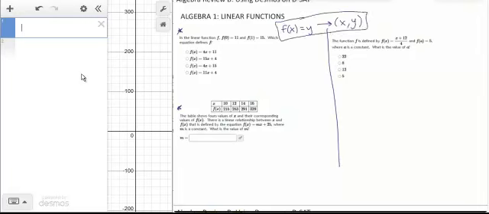Okay, so this particular setup requires you to understand that function notation represents the input of 0 gives you an output of 11. So 0, 11 is one of your points. Okay, the next one, f of 1 equals 15, tells you that an input of 1 gives you an output of 15.